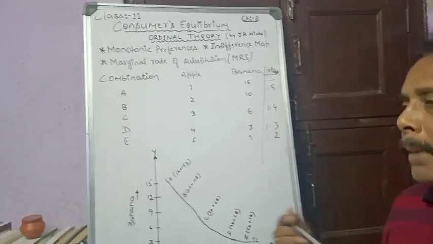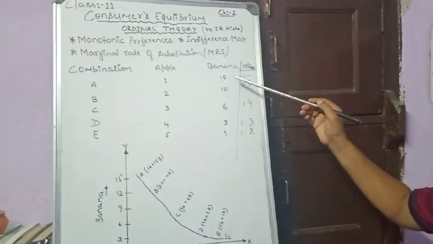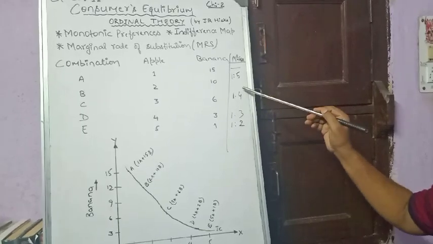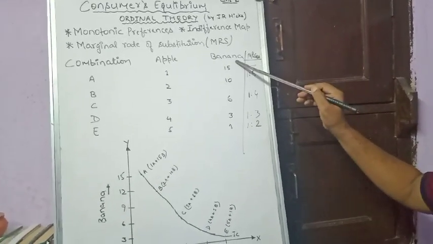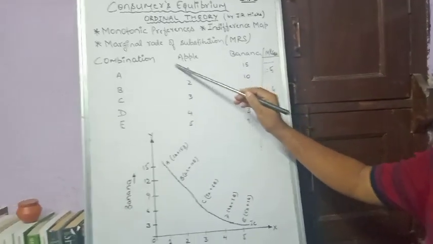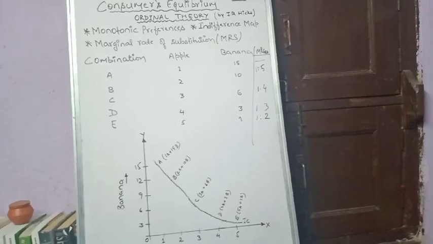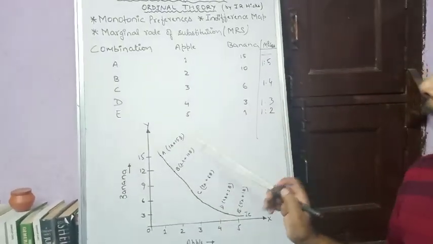Due to that, the marginal utility of banana is rising, so at every level they are ready to sacrifice less and less, because the marginal utility of banana is rising and the marginal utility of apple is declining. Okay, is it clear?